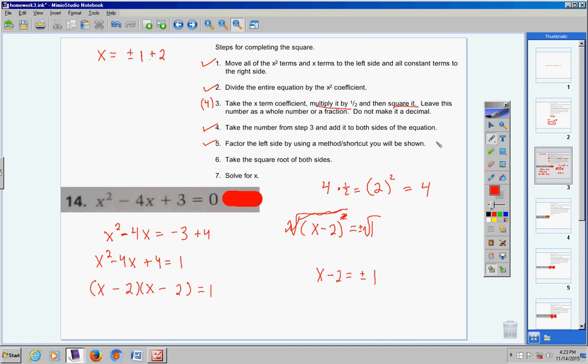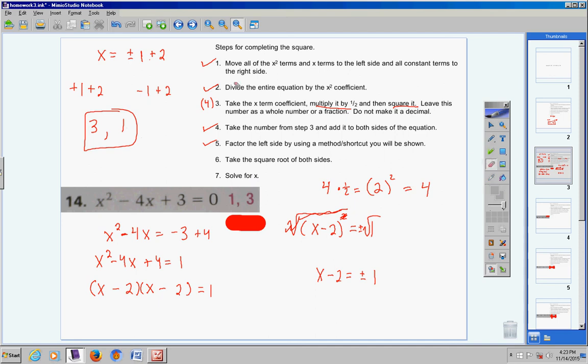Do not leave your answer like this, okay? The radical is totally gone, so we can simplify this further. So we really have a positive 1 and a positive 2, and a negative 1 and a positive 2, okay? Combine 3, combine 1. So there's your 2 answers, 3 and 1, okay?